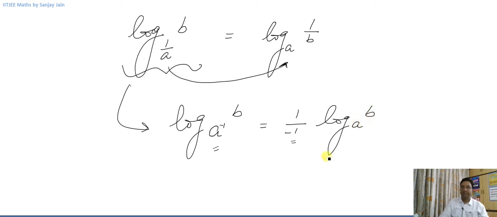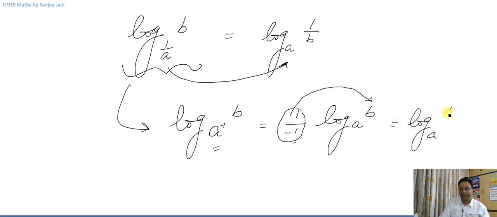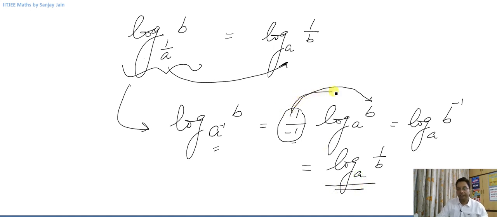So we can write it like this, right? I've just taken the power of base outside, and now I can take this power on b, right? So I can write it like this: log b raised to power negative 1, which is nothing but log 1 by b to the base a. Okay, how did I take it on b?